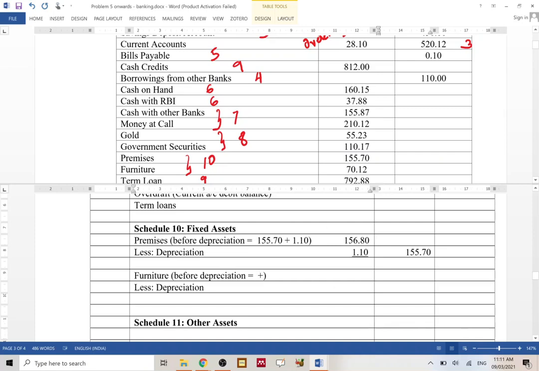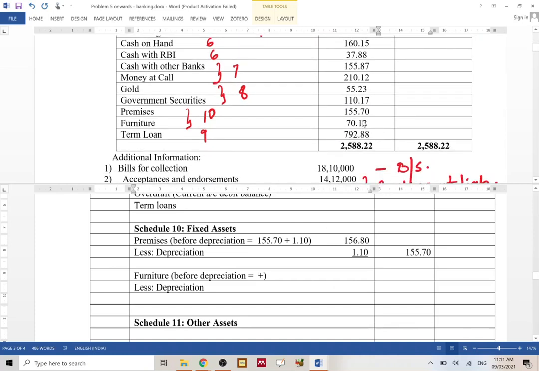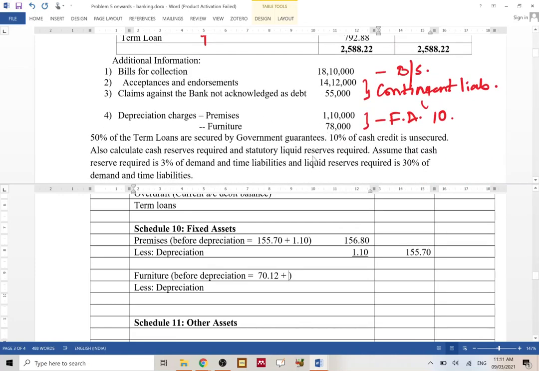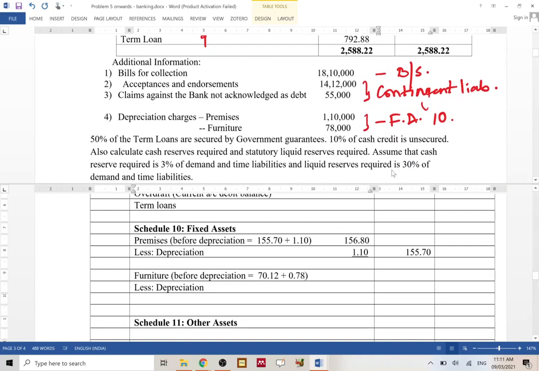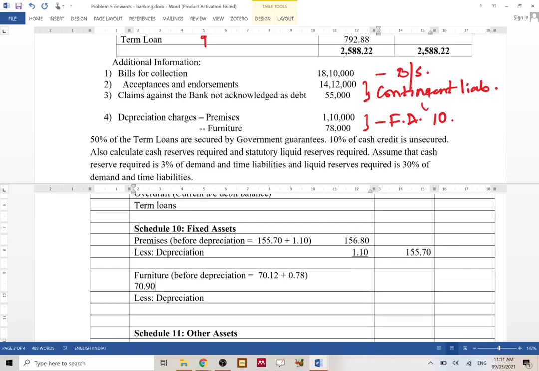Similarly, with the next one, furniture, we also have the amount given after depreciation. So that amount 70.12. To this, if we add the depreciation back, that is 78,000, which means 0.78, we will have 70.90.